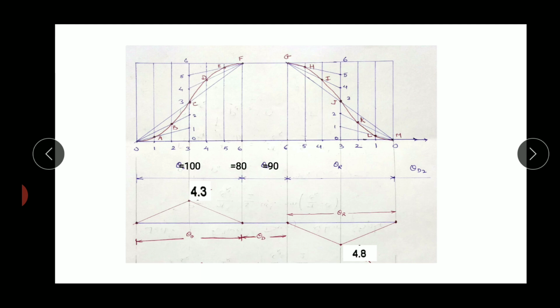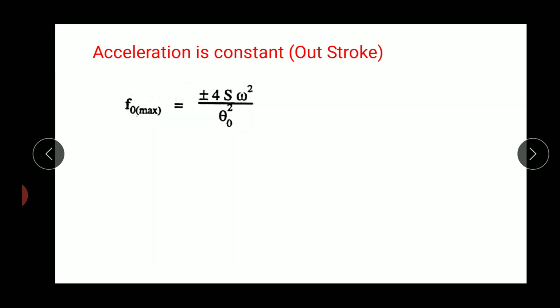That means the acceleration is positive during the second half of the return stroke. So during out stroke, the acceleration has a certain constant value which is positive in the first half and negative in the second half. Similarly, during the return stroke, the acceleration has a certain constant value which is negative in the first half and positive in the second half. Its value will be constant, but it is plus minus in out stroke and minus plus in return stroke.